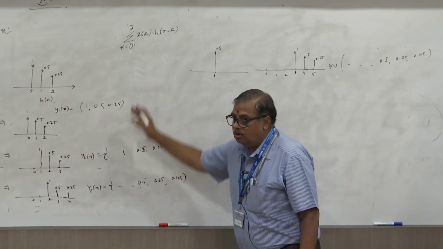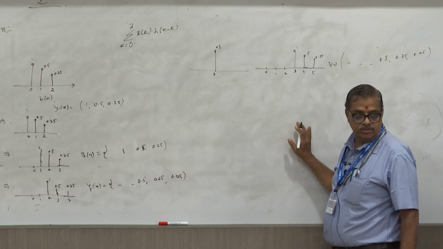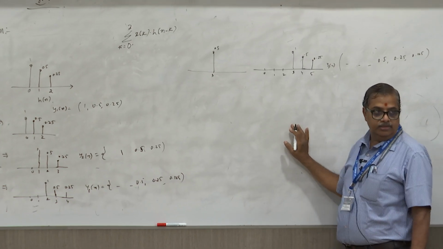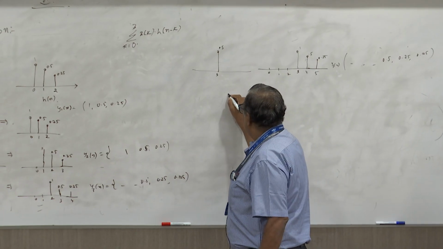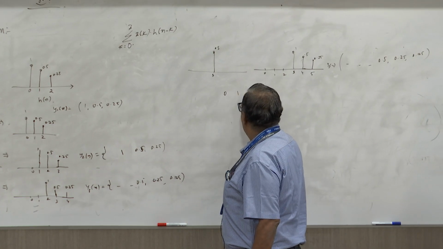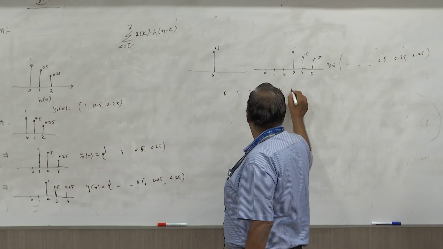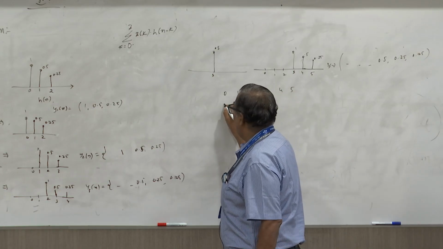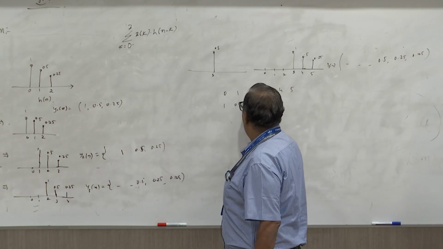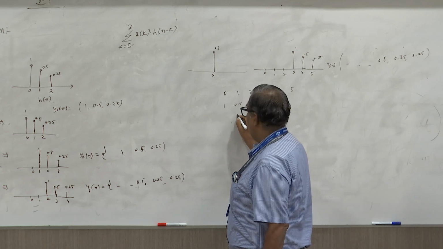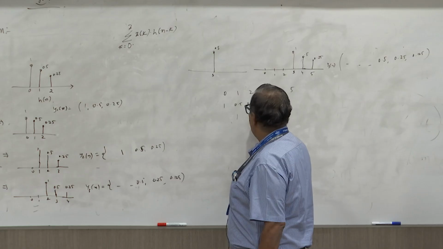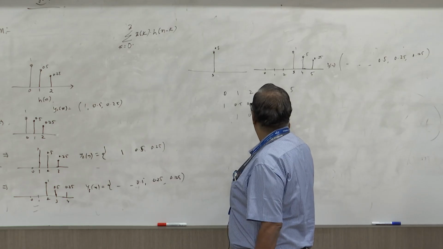If you add all these, that becomes the convolution sum. Let us try to add this. I will put 0, 1, 2, 3, 4, 5. The first one is at 1: 0.5 and 0.25, and the second one is at 1: 0.5 and 0.25.